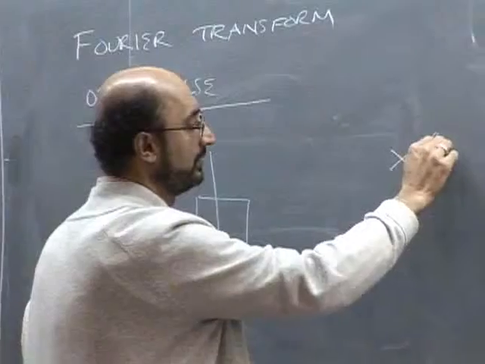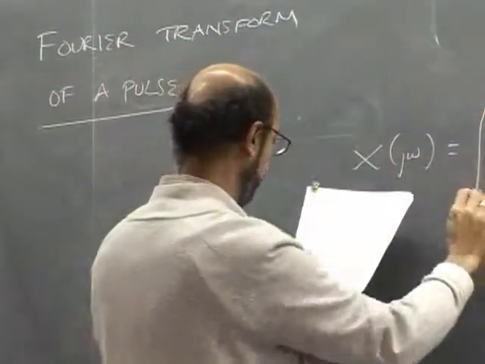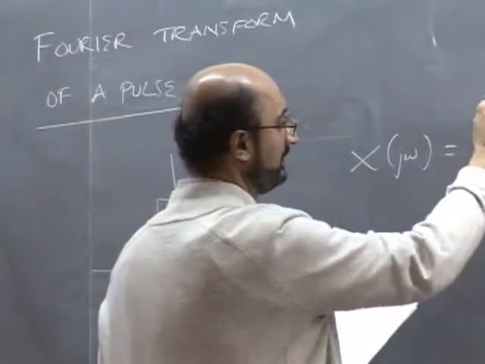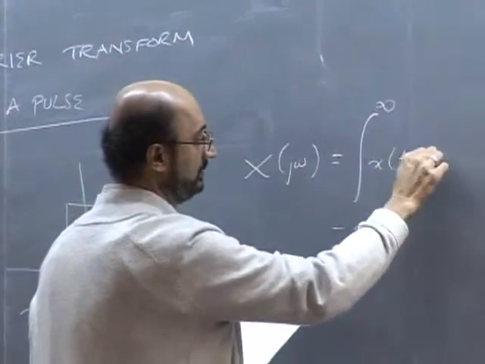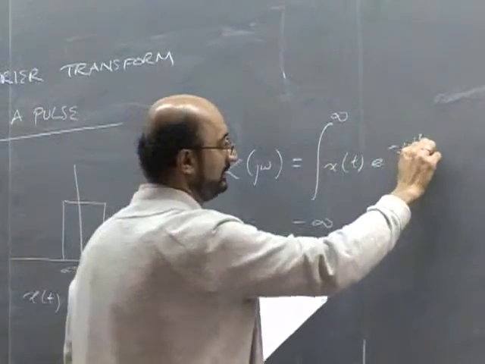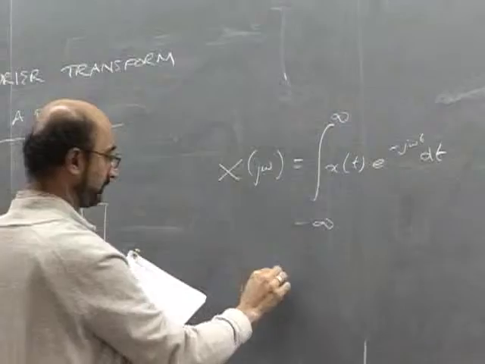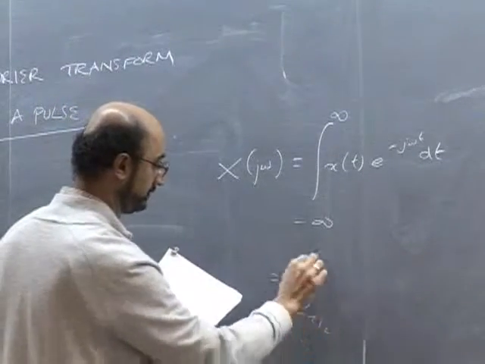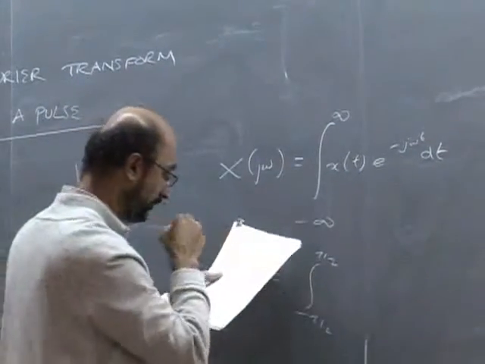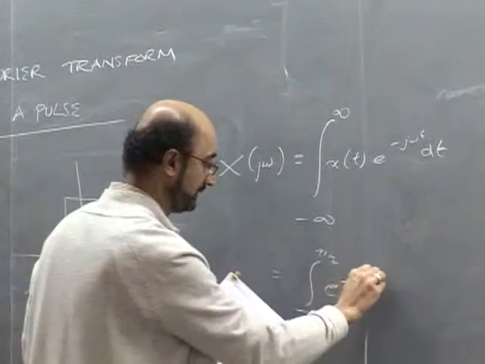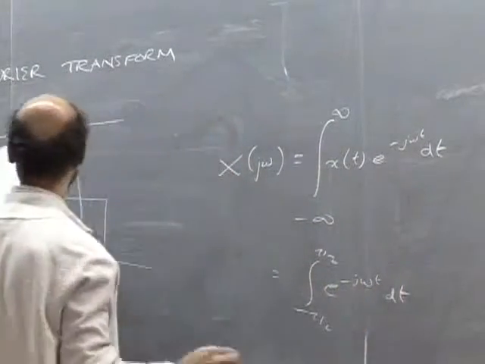So X(j omega), by definition, is given by the integral from minus infinity to infinity of x(t) e to the minus j omega t dt. And this is going to be the integral from minus tau over 2 to tau over 2 of e to the minus j omega t dt, because it's 1 over here.